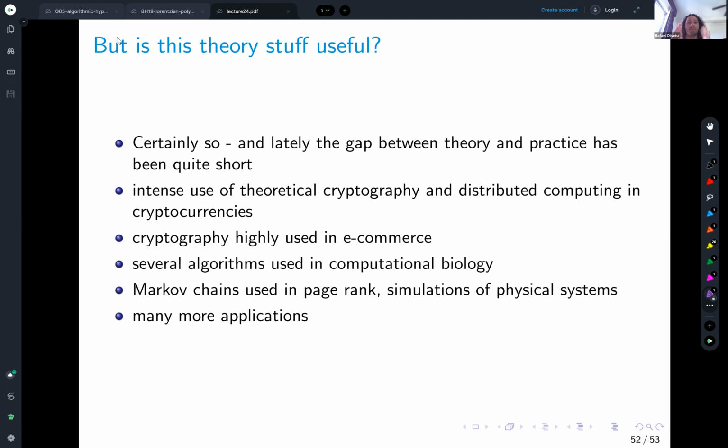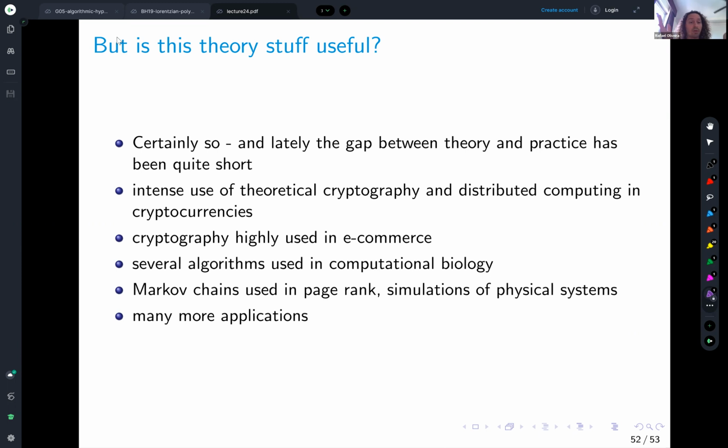So this gap between theory and practice has become quite short. For example, there's intense use of theoretical cryptography and distributed computing in cryptocurrencies, which were problems that before were considered just theoretical, but have now found a lot of applications of theoretical results.